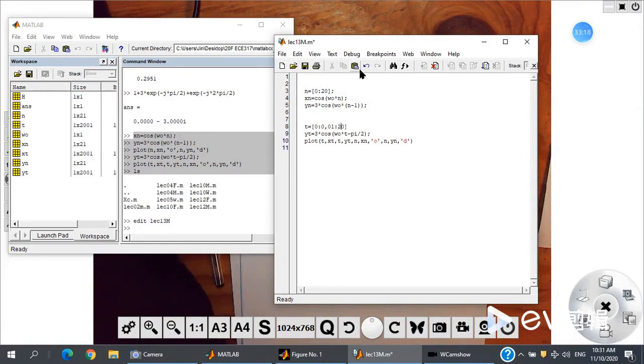So this is for continuous time, and that is discrete time. For continuous time, I also need x. x of t is a cosine of omega 0 times t.